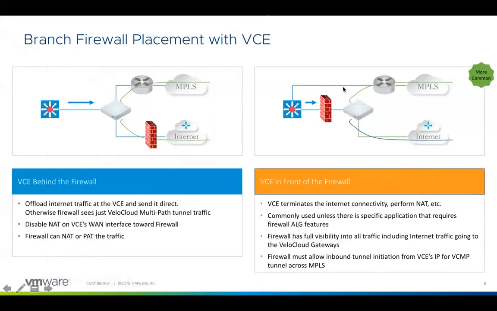So this is usually not recommended for hybrid sites, because customers typically don't like that. But this is very easy if it's an internet-only site that might have multiple internet circuits. Then it's not really a concern, right? Because a customer would not need to open up the firewall port to allow the tunnel across MPLS.